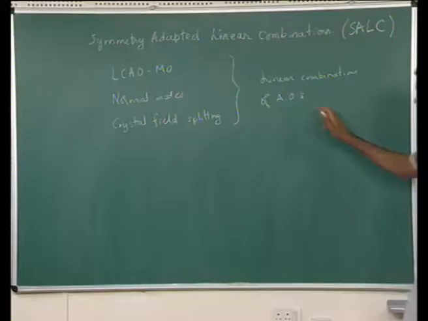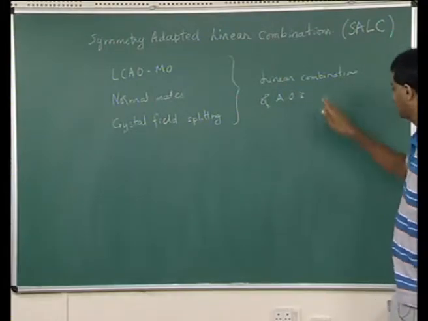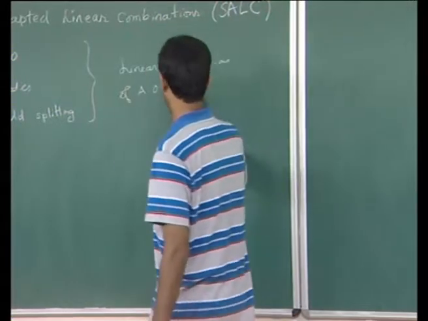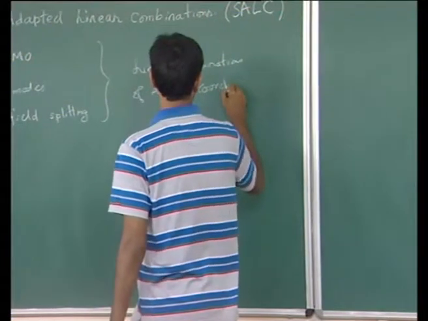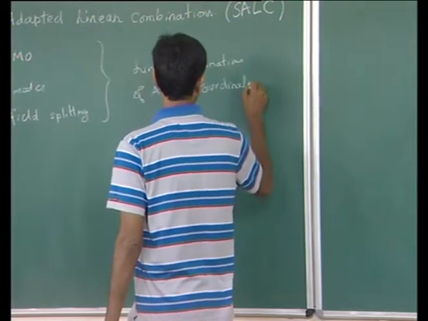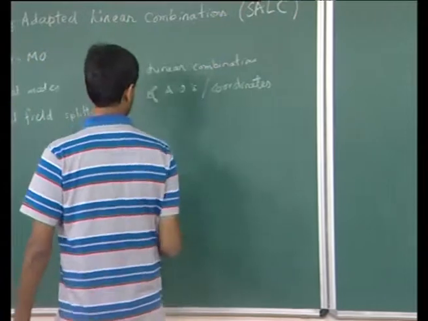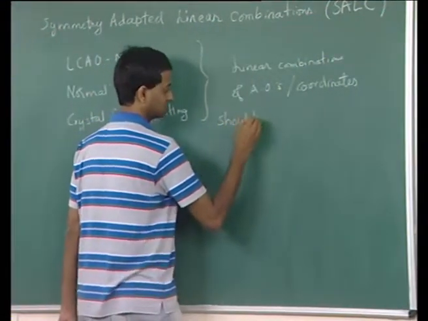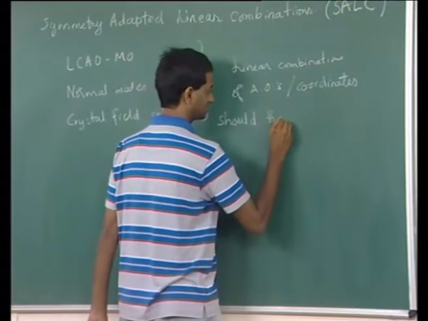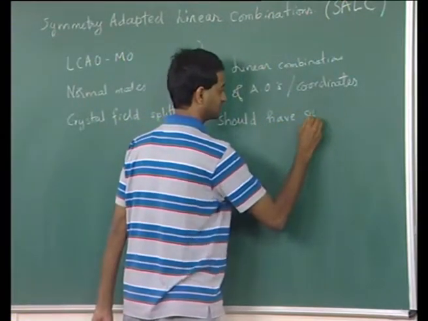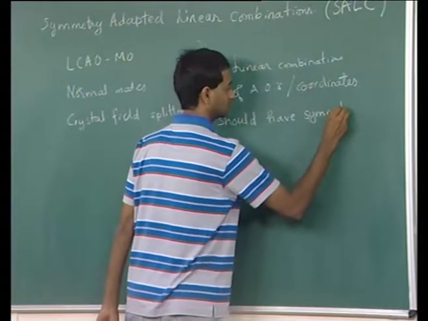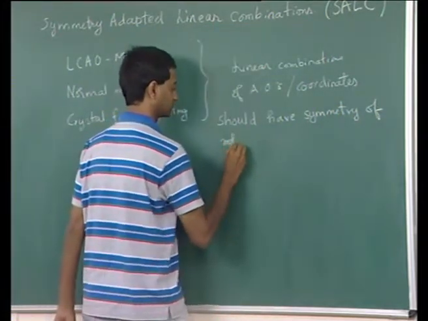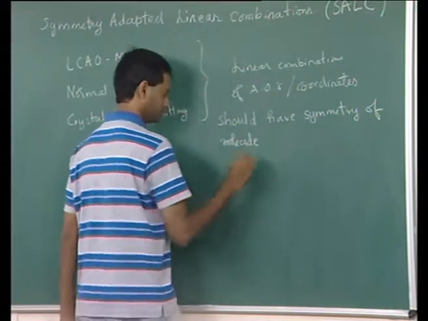The common feature is that you have linear combinations of various atomic orbitals or coordinates, and these linear combinations should have the symmetry of the molecule.